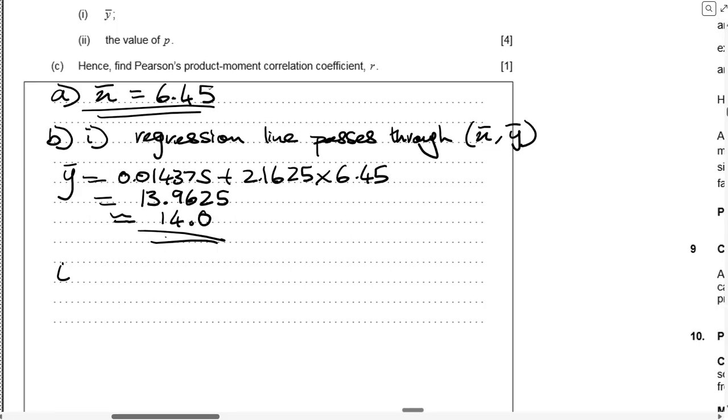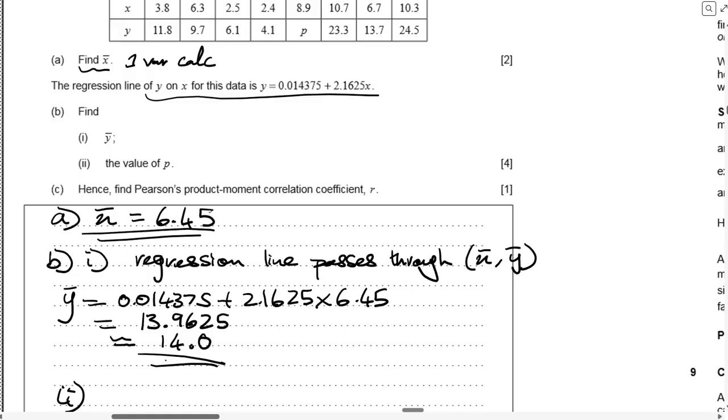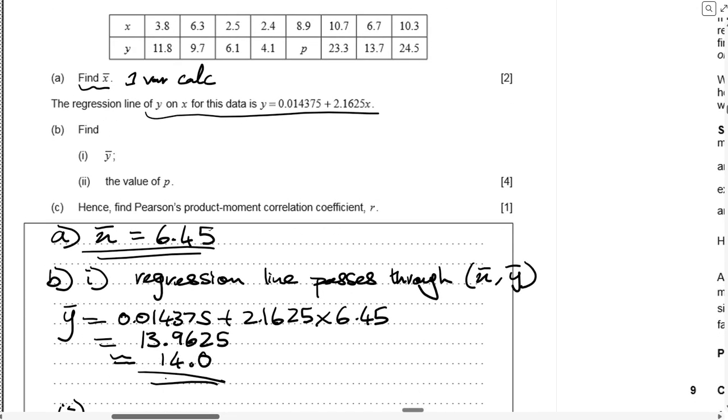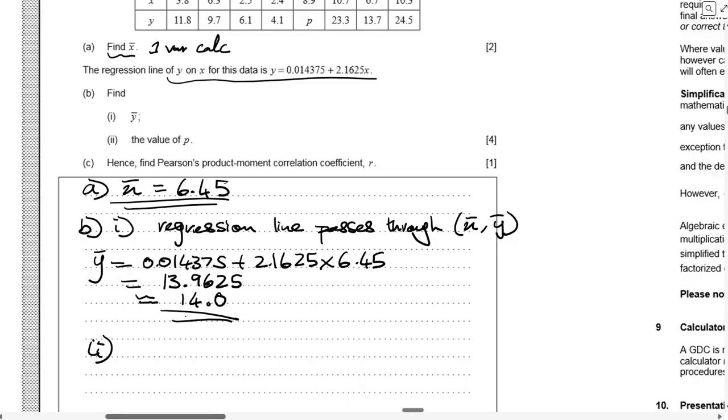Okay, and now we're asked to find the value of p. So we know the mean of y. Now we have to use our formula. We can't use the table. What we have to do is, our mean, so that is 14. Let's use 13.9625. We always use the value stored in our calculator, times 8 values, and that is equal to the sum of everything, right?